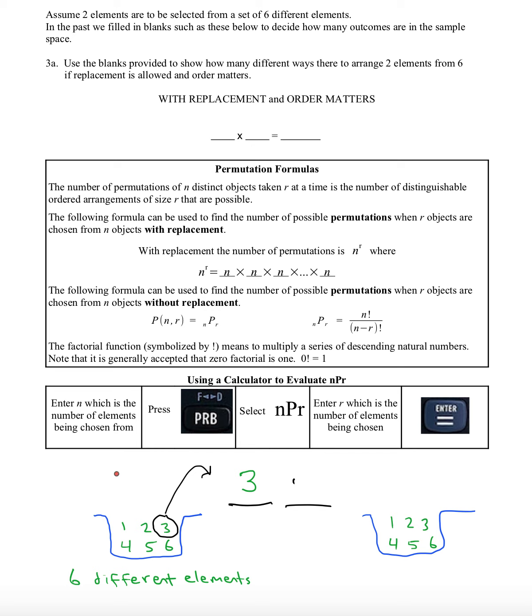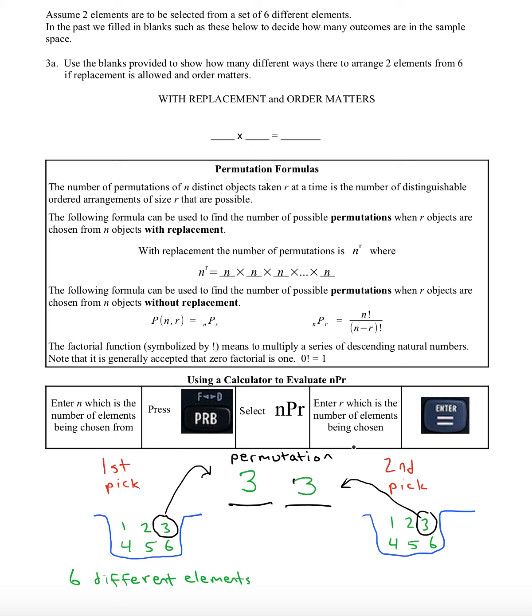So on the left, we have the first pick. And on the right, we have the second pick. Now, it could just so happen that 3 gets picked again. And it will go on the next blank. And this will be the permutation with replacement.